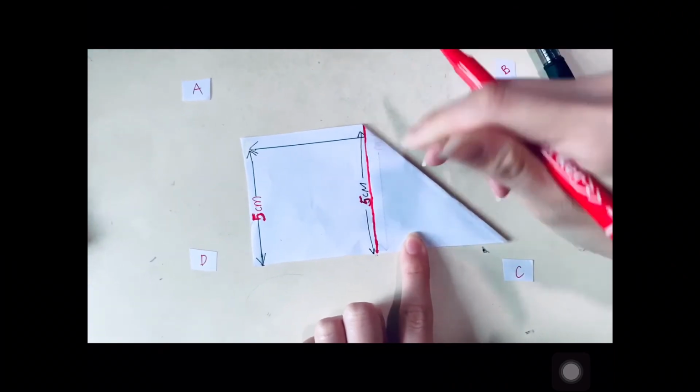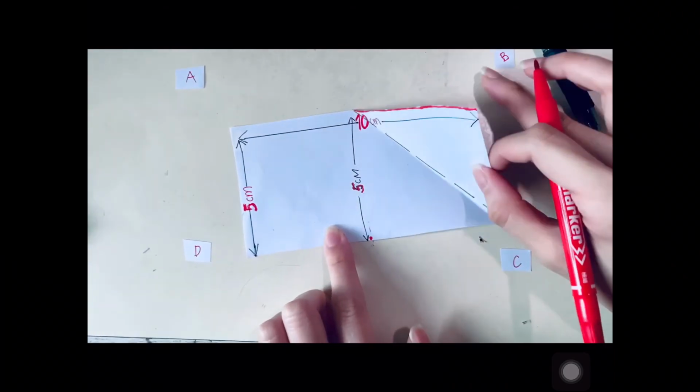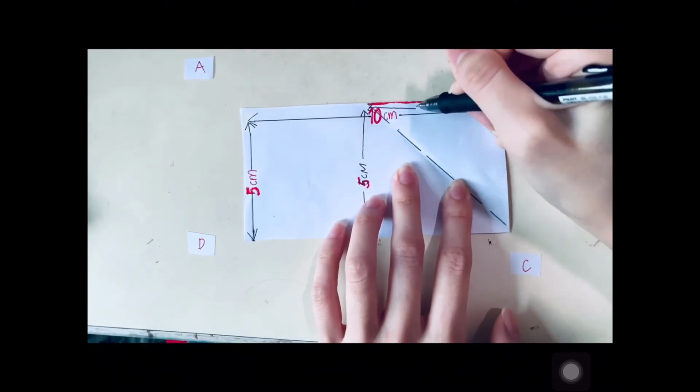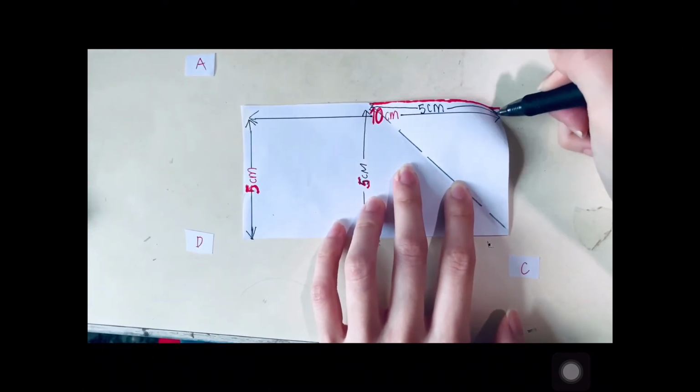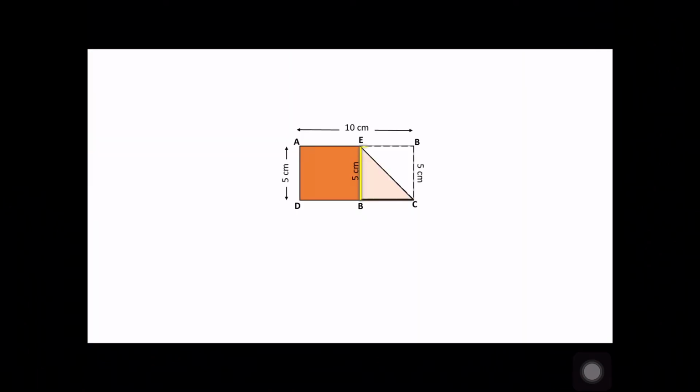When I open up the rectangle, this dotted line is also 5 cm. You can see that the figure made up of two triangles has 4 equal sides.